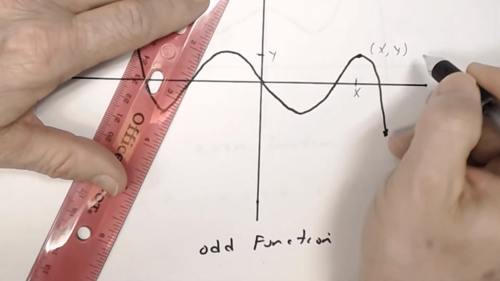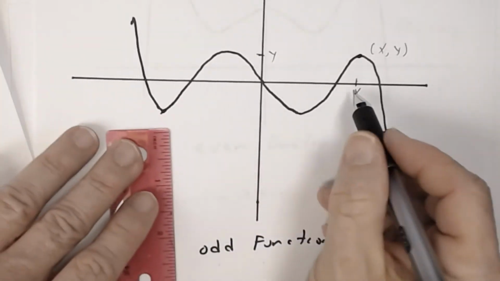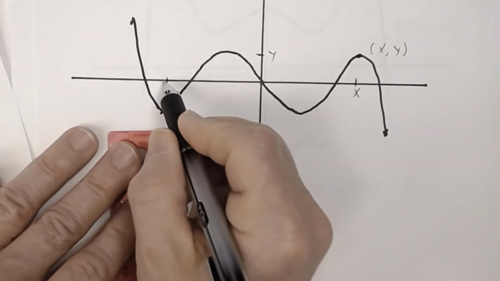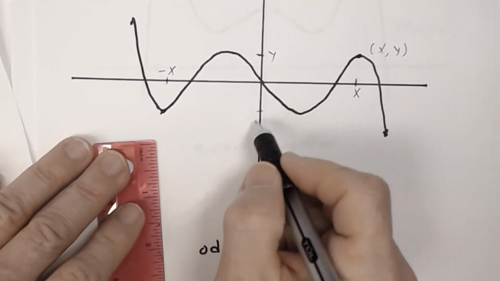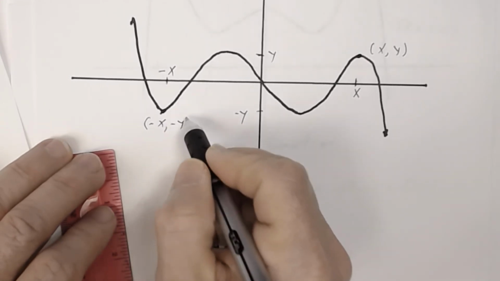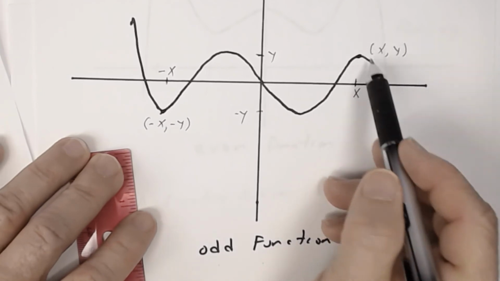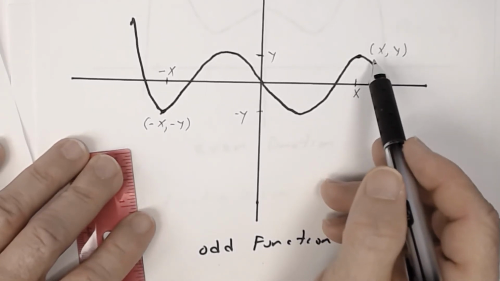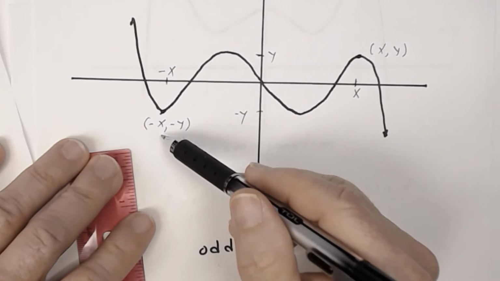Y'all agree? Okay? And this point here would become, so this is x, this is going to be what? Negative x. And this will be not y, but what is this? Negative y, right? So this will be the point negative x, negative y. Kind of makes sense because remember we talked about an odd function. If x, y is on the graph of an odd function, then its opposite for both coordinates are going to be on it as well. Okay?